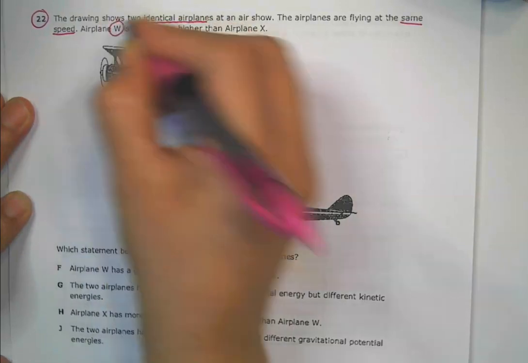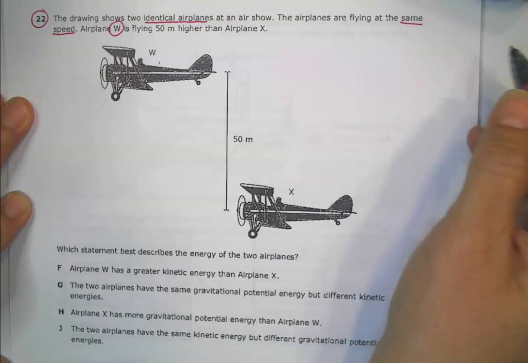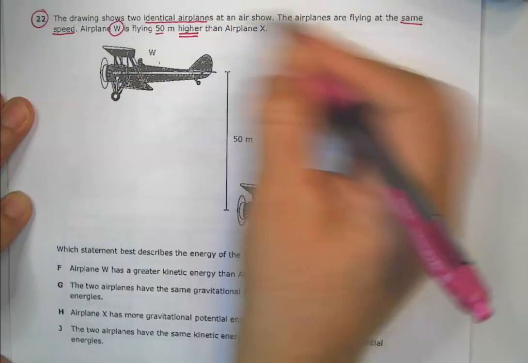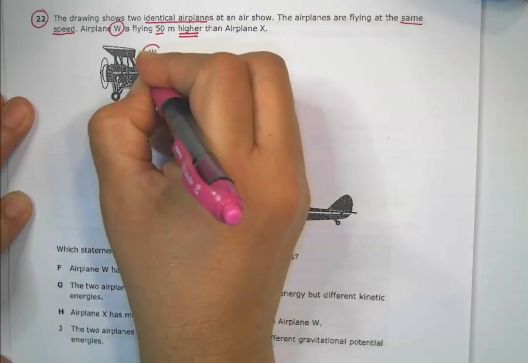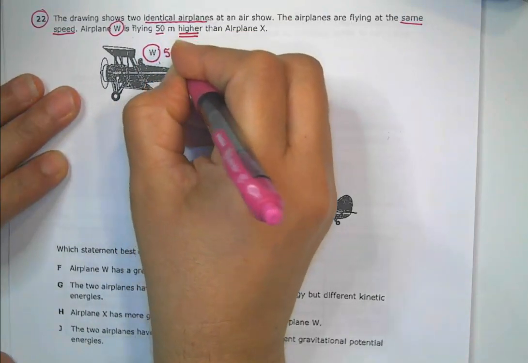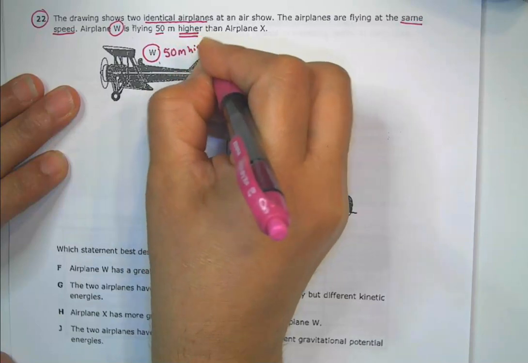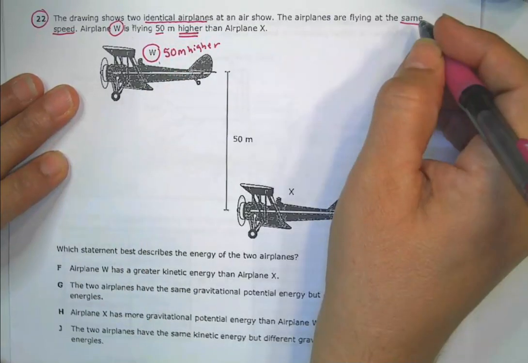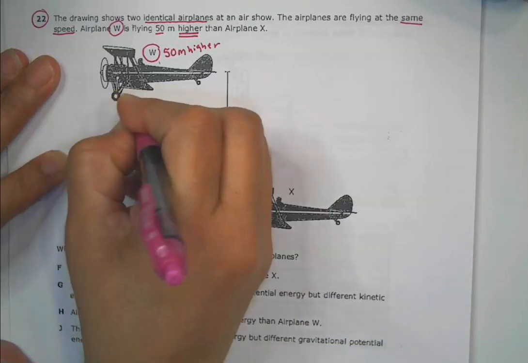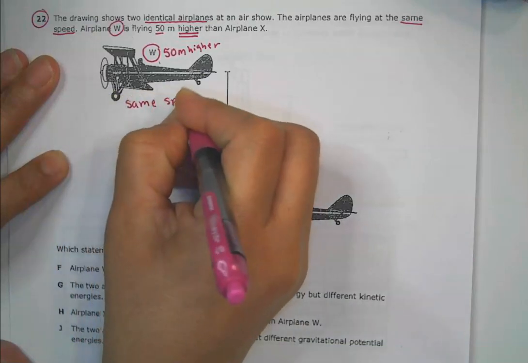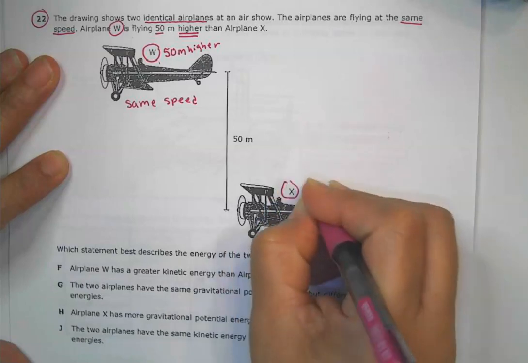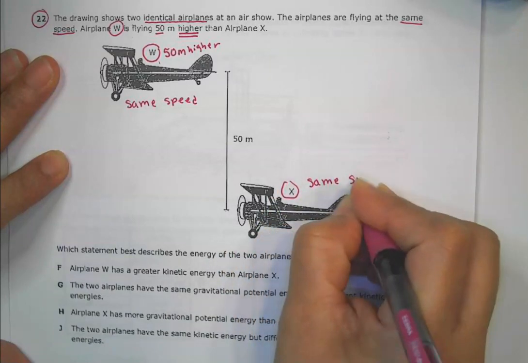Airplane W is flying 50 meters higher than airplane X. Okay, so right here, airplane W is flying 50 meters higher, and both of them have the same speed. So right here, I'm going to put same speed, and same speed for X.